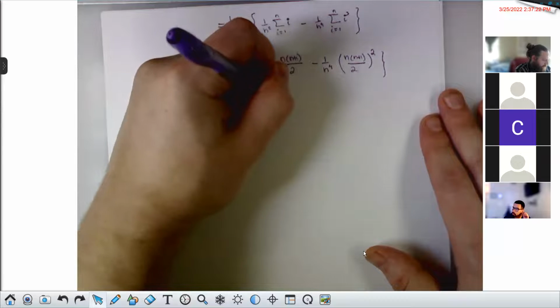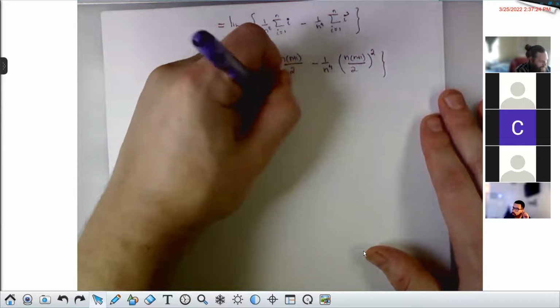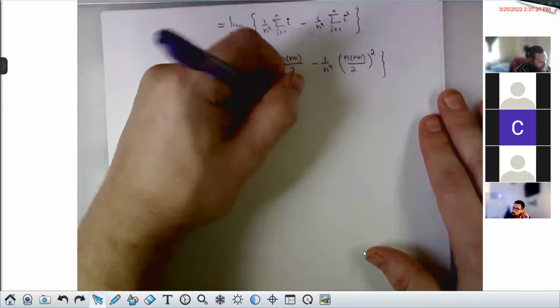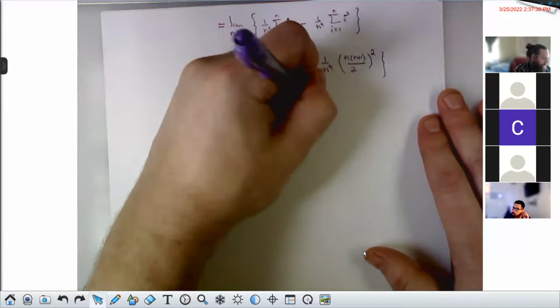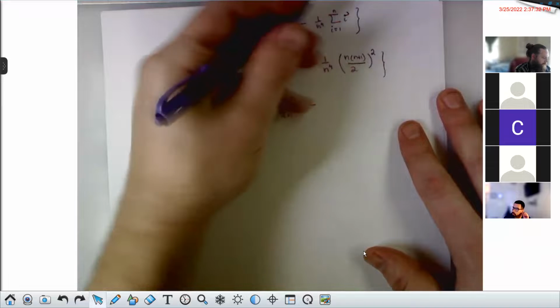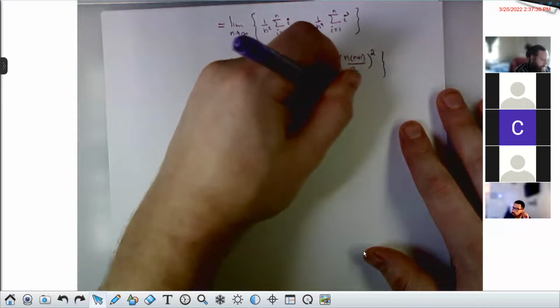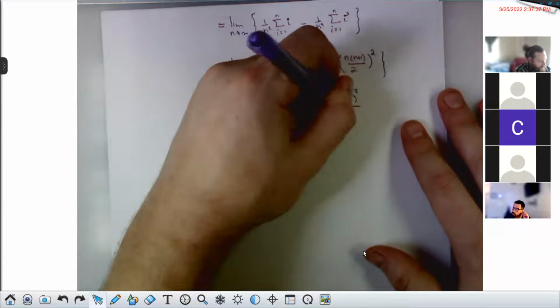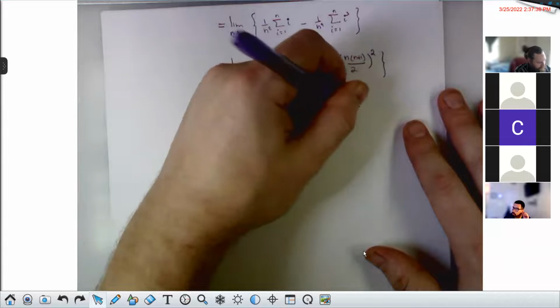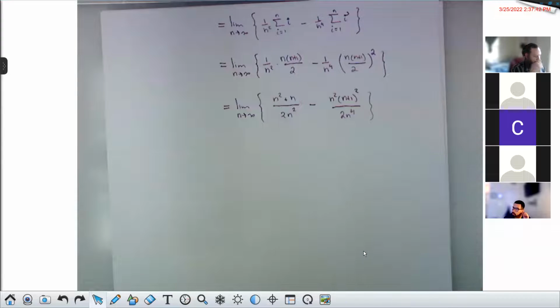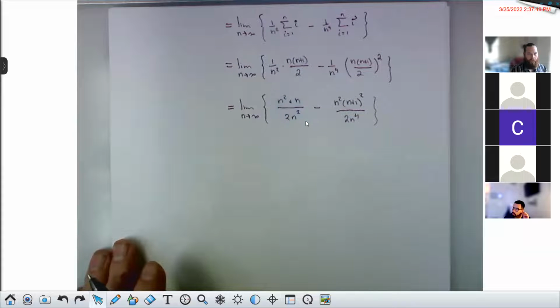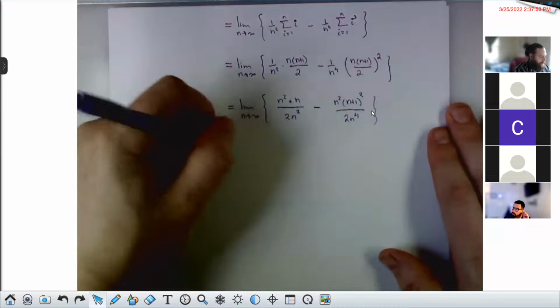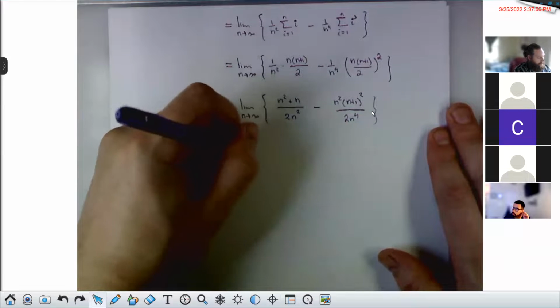I get n squared plus n, and multiply downstairs here, 2n squared, minus n squared times n plus 1 squared over 2n to the 4. The first piece is pretty much ready to go. We can take our limit here if we remember how to take those limits. Here I need to FOIL this out and do a little bit more work. So I'll leave that first piece alone in this step.